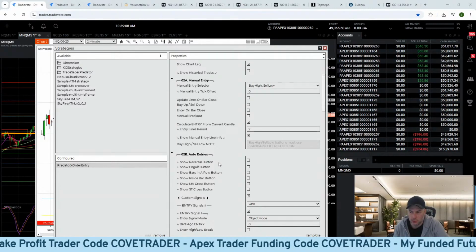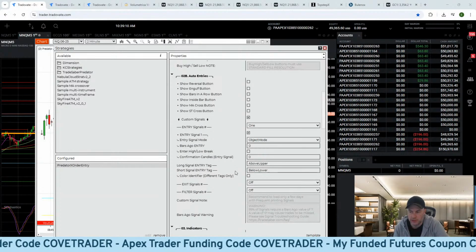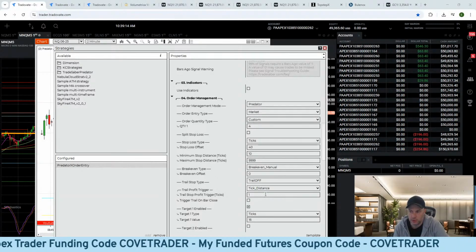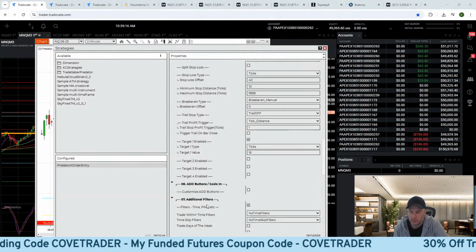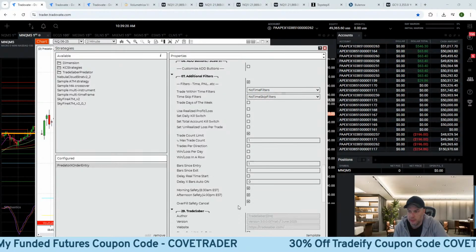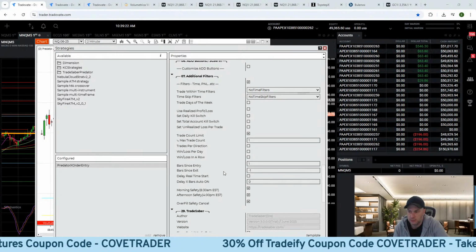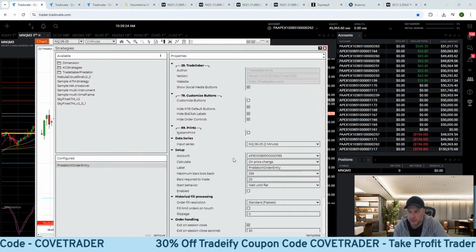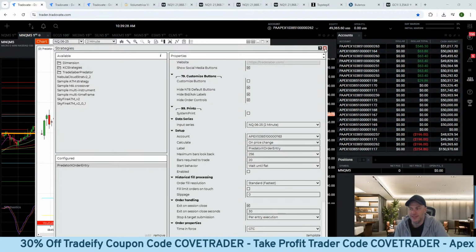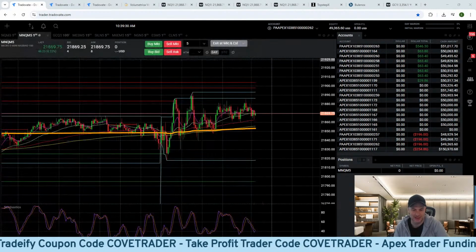Manual entry, auto entries, set up your auto entries. You got to set up order management in here. And then you mess around with a couple of things that are here, and then you hit apply. It's that easy, guys. It's so easy.